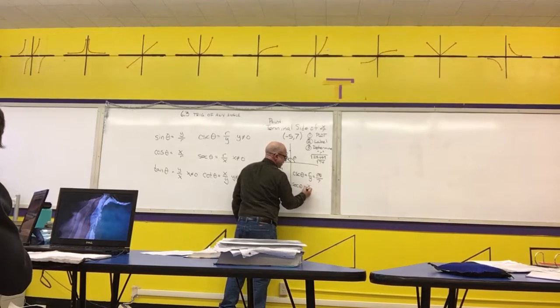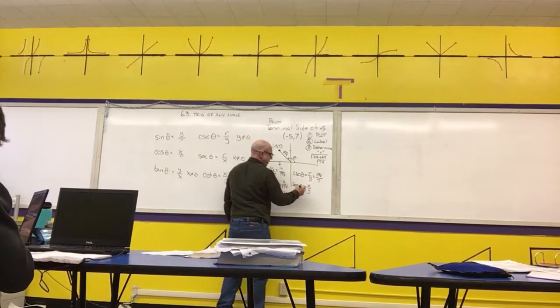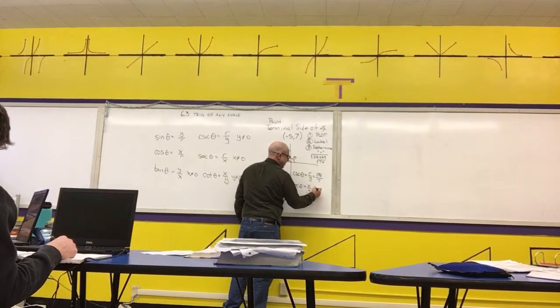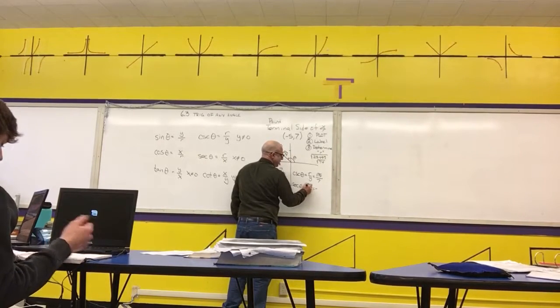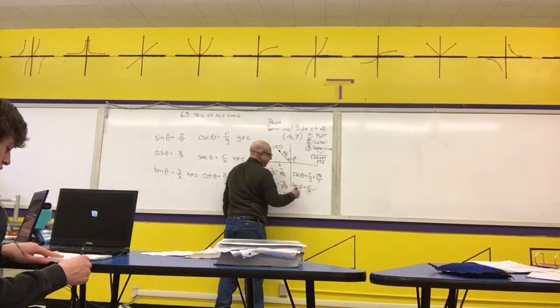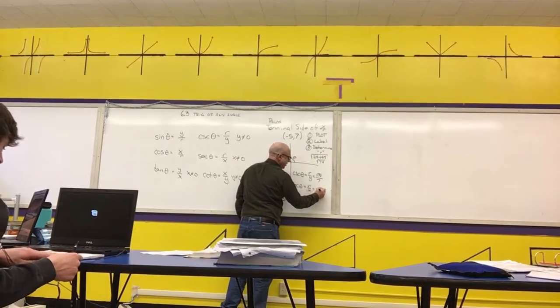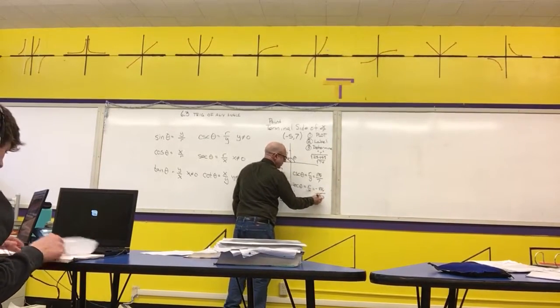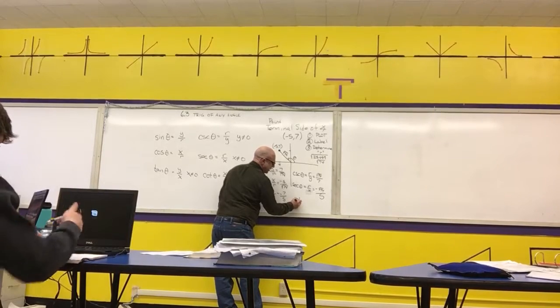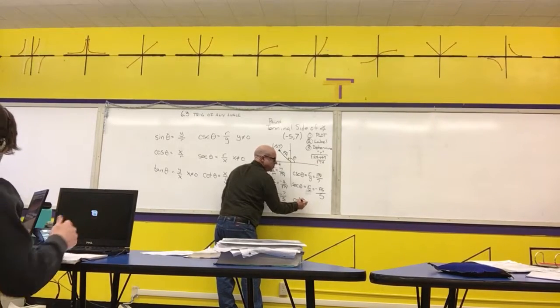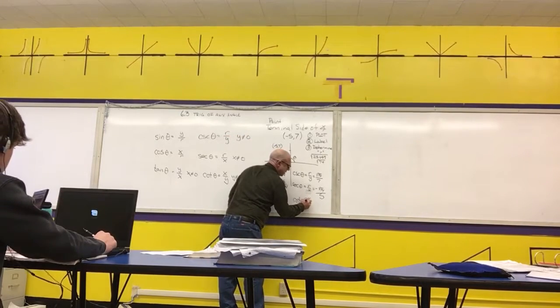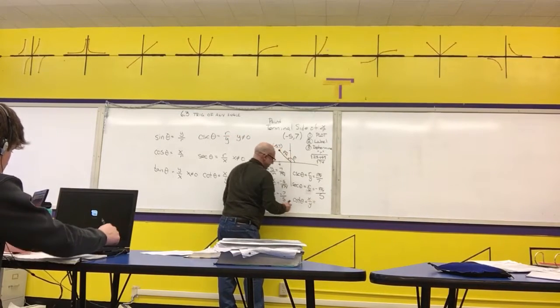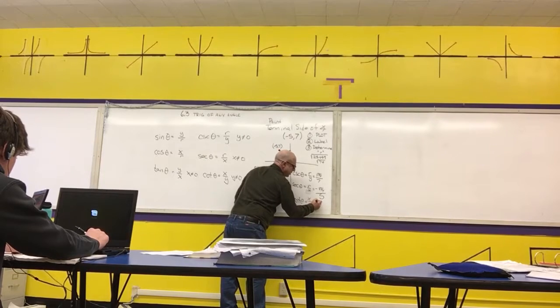Secant is r over x, which is negative root 74 over 5. And the last one, cotangent of theta, is equal to x over y, and that is negative 5/7.